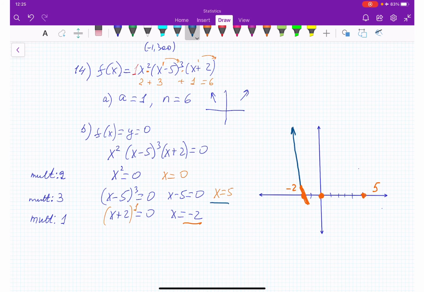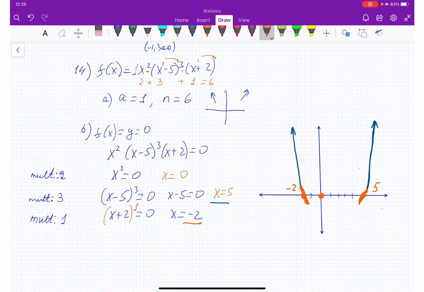Multiplicity is 3, which means it's going to cross. And since end behavior is on the top, it's going to cross at 5. Same as this one.